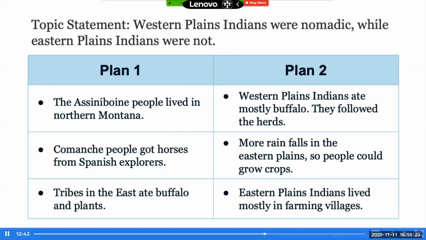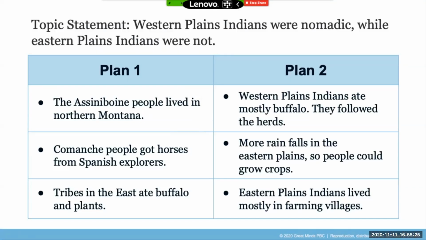Now, let's think about each point. The Assiniboine people lived in northern Montana. Does that mention if they're nomadic or if they were not? I don't think so. Let's look at the next bullet. Comanche people got horses from Spanish explorers. Does that support the topic statement?